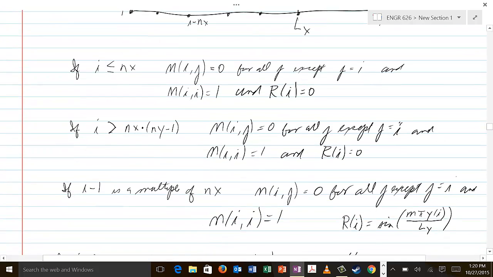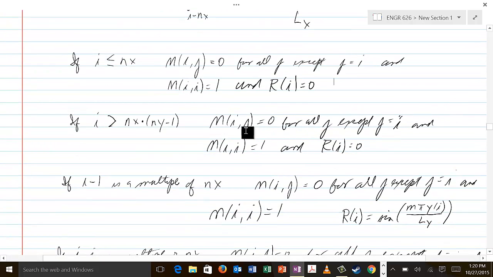And so we do the same kind of thing for those nodes. All the elements in that row of the matrix will be 0, except for the diagonal element. The diagonal element will be equal to 1, and the right-hand side will be equal to 0. So that takes care of the top boundary and the bottom boundary.